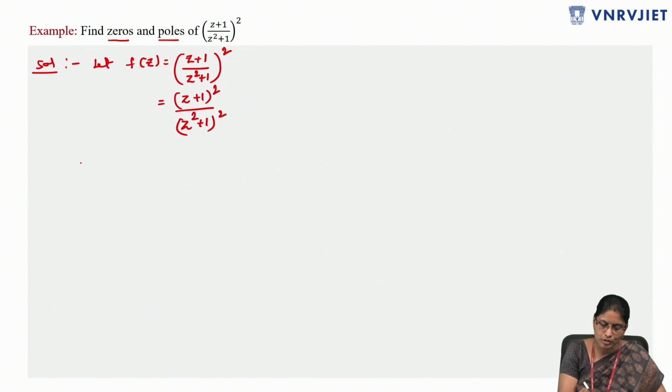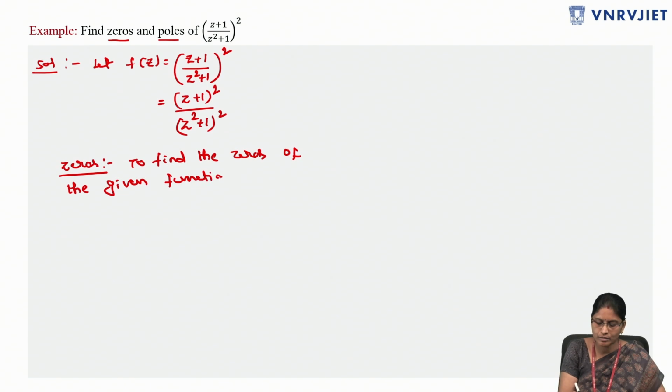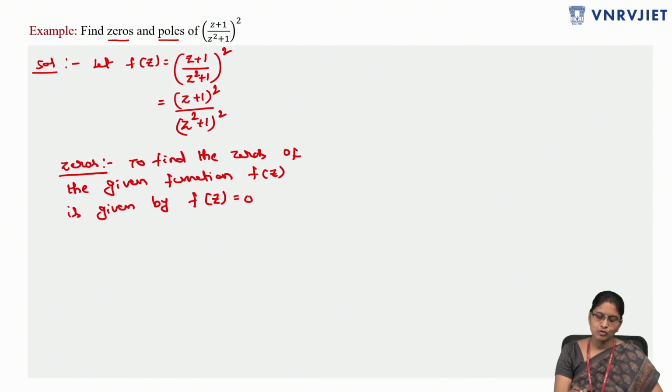First we have to find out zeros for the function f of z. To find the zeros of the given function f of z, it is given by f of z is equal to 0.